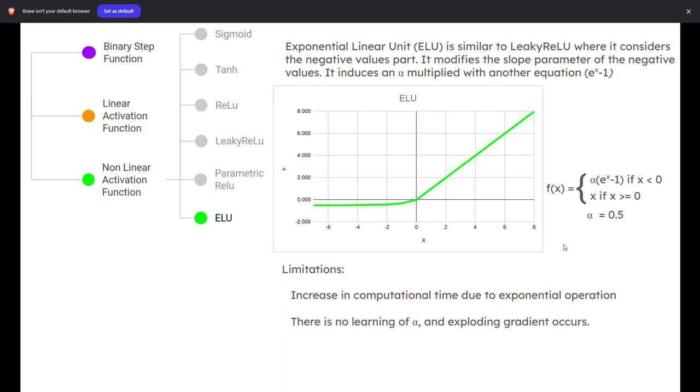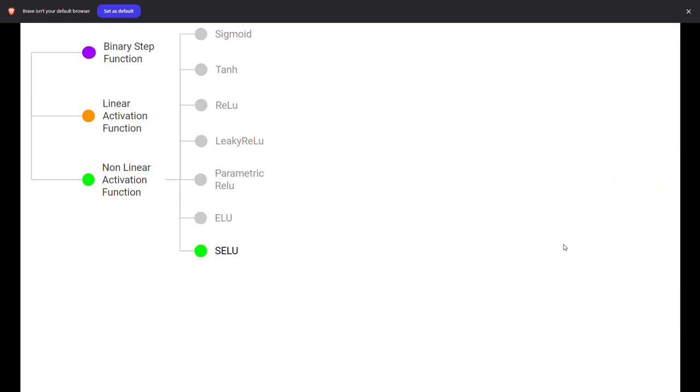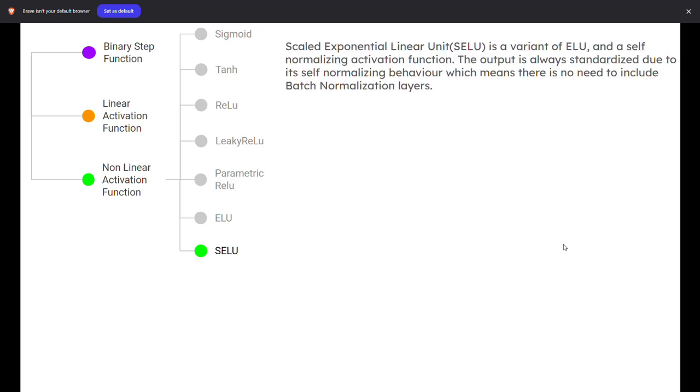Okay, move to the next. SELU, scaled exponential linear unit, is a variant of ReLU, an upgrade or improvement from ELU.